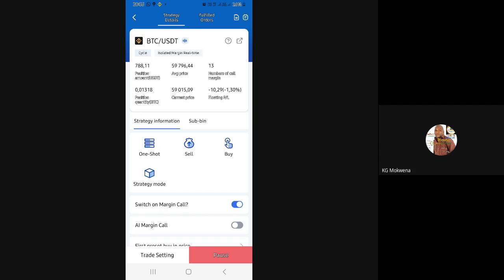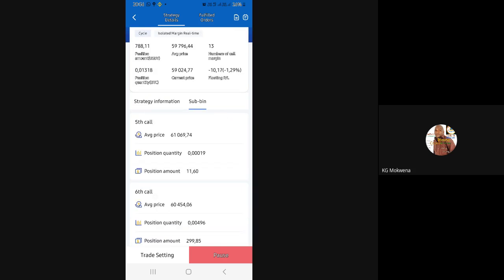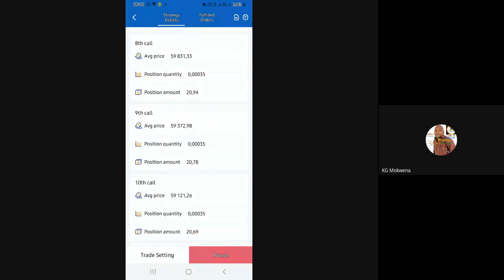So now everything is running accordingly. And then let's show people position number 13. Click on the sub bin for position number 13. We're going to look at the latest position. What price did it enter at?